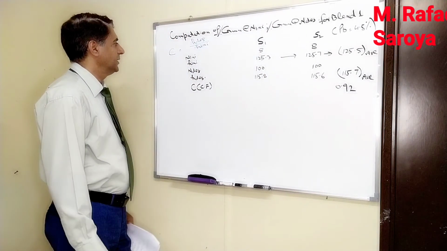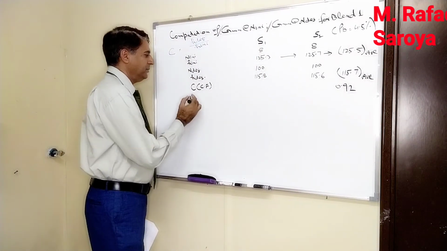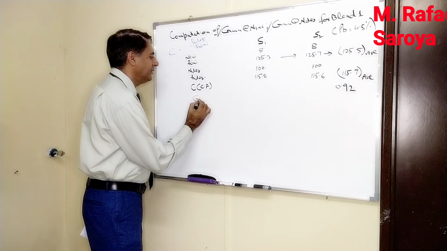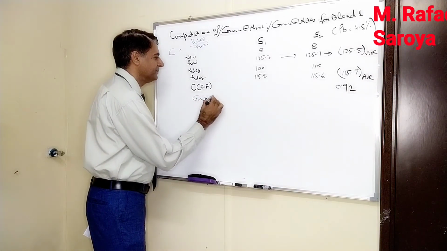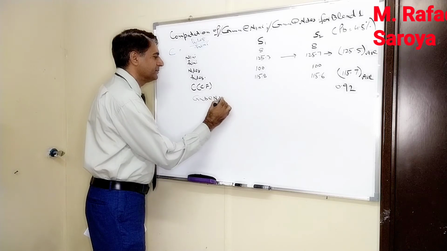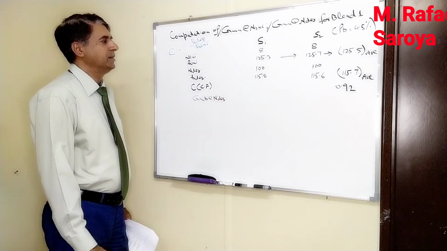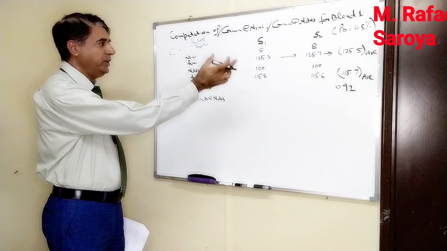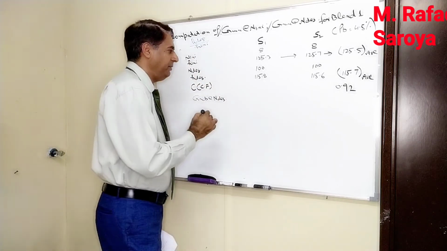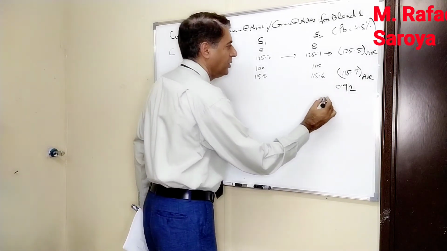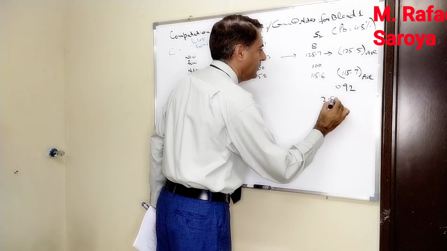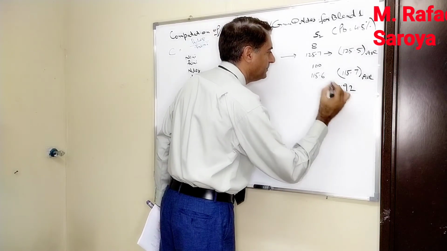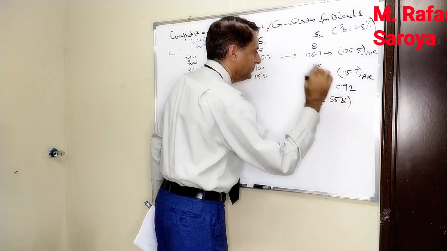Now, we have already calculated the value of Gmb at design level. The average value we have already taken in my previous lectures. It is equal to 2.558 average.